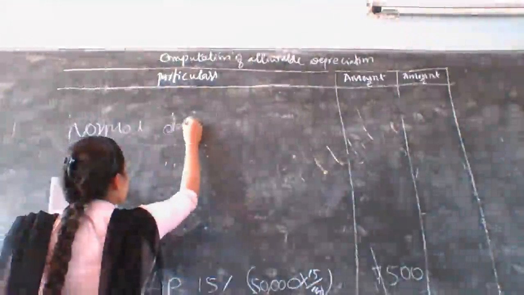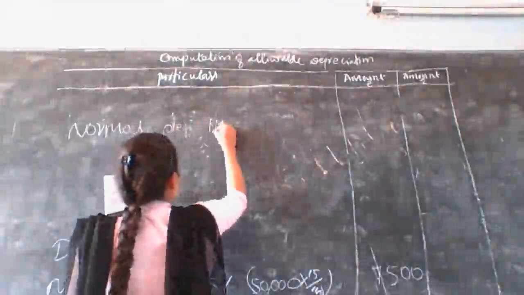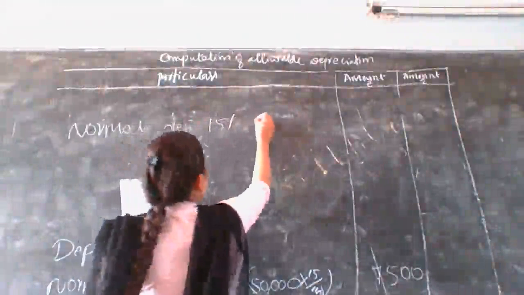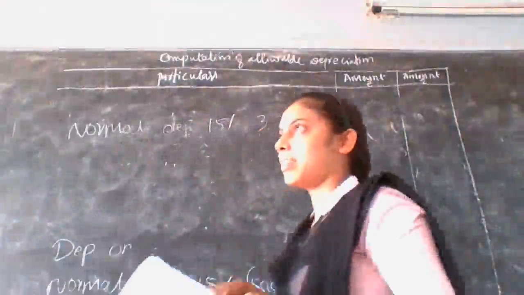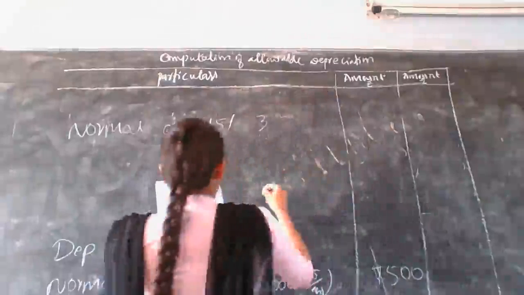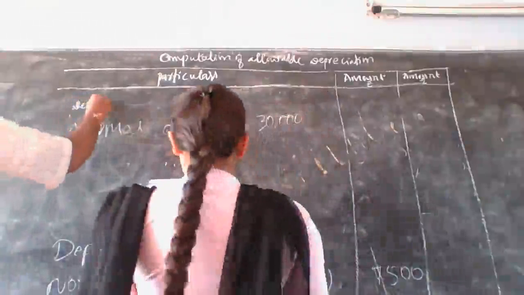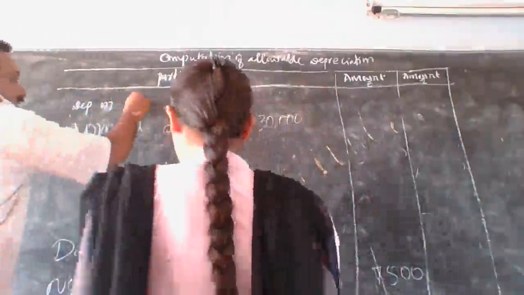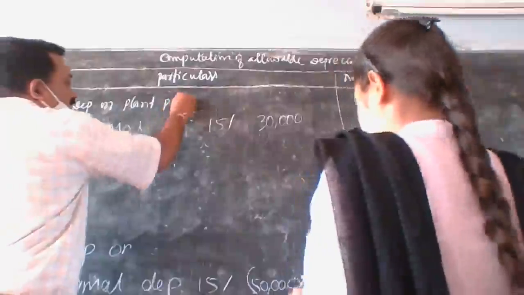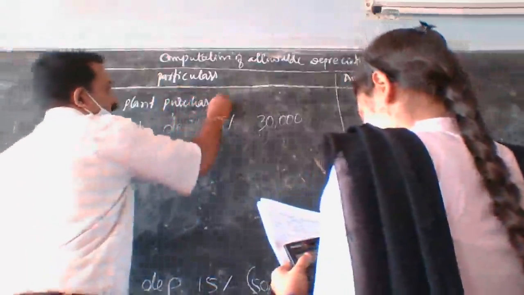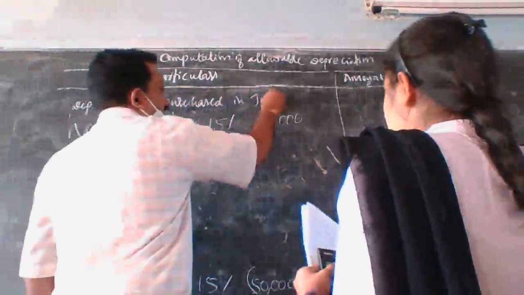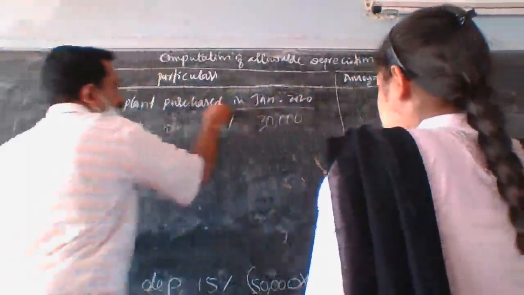Next, normal depreciation on the second plant, depreciation on plant purchased in January 2020, isn't it?